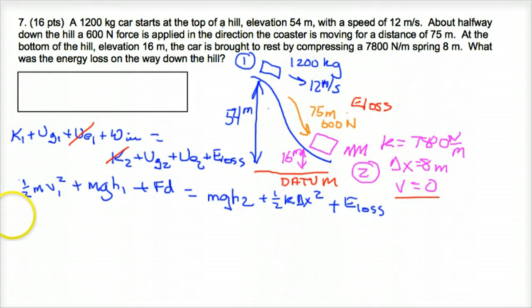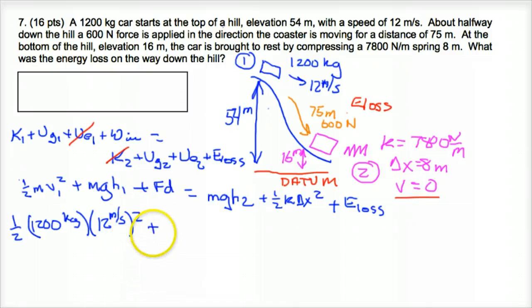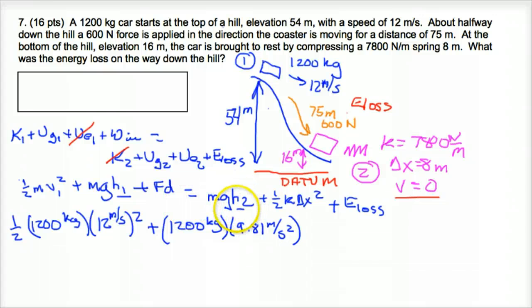Alright, so plugging in numbers. 1/2 mass 1200 kilograms, velocity 12 meters per second, and that's going to be squared. 1200 kilograms times 9.81. Looking ahead a little bit, I have an H1 here and an H2 here, both multiplied by mg.